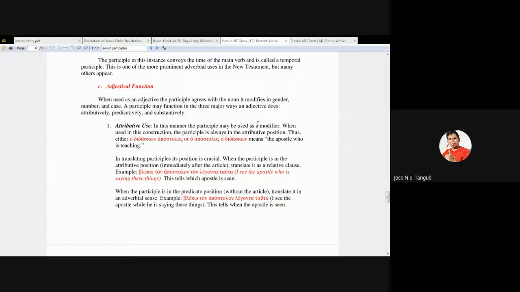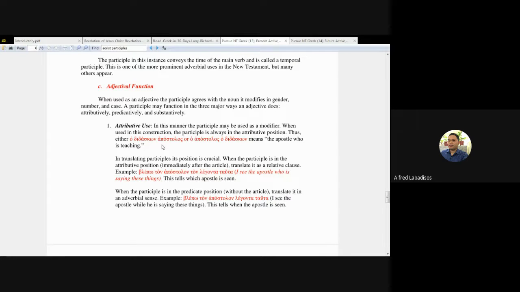When it has the definite article, sir. Yes, very good. When the adjective has a definite article, then that adjective is in attributive position. Now, the same as the adjective, when the participles have a definite article, then those participles function as modifiers, or they are in the attributive position.